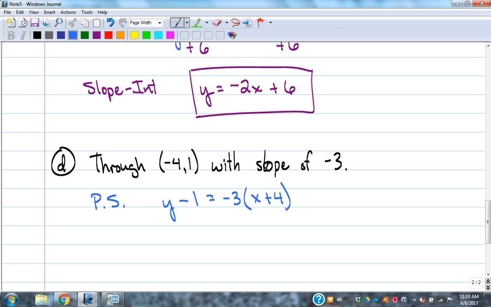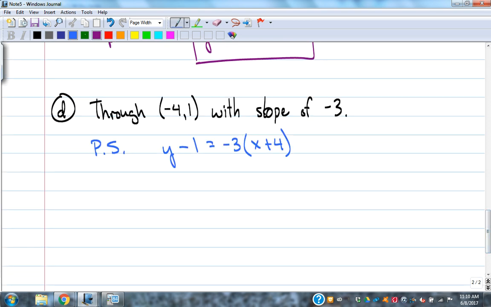So by the end of this section, we should be really good at point-slope form because we're using it every time. Okay. And then get y by itself, and we'll get in slope-intercept form. So what's the first step to getting y by itself? Distributive property, -3x minus 12. So it's 2 steps, really, to every problem to get y by itself.